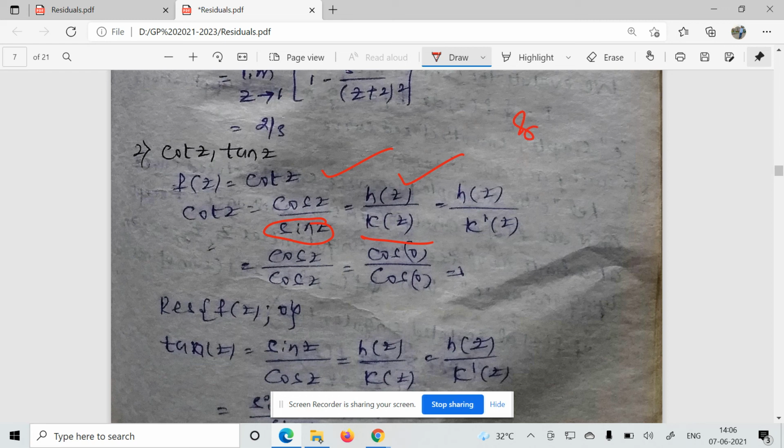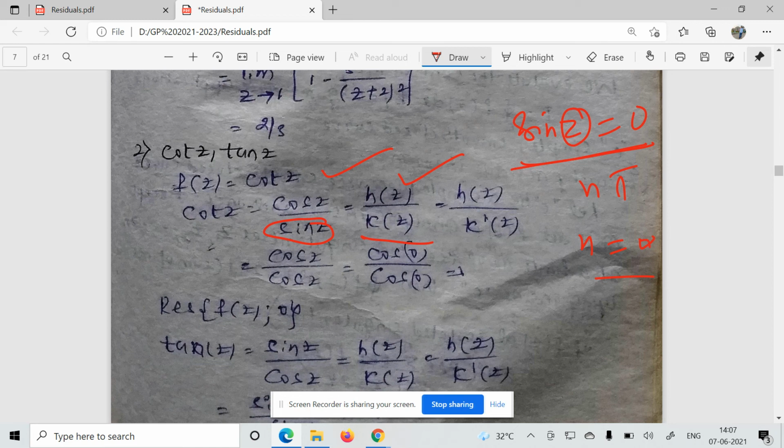Sin z equal to 0 for z equal to n pi values, and cos is nonzero there. So suppose n equal to 0, the zero of sin z is at n equal to 0.